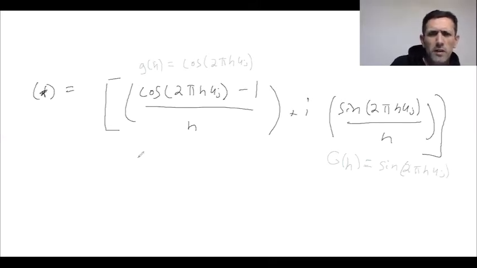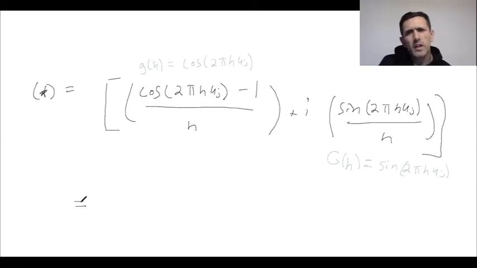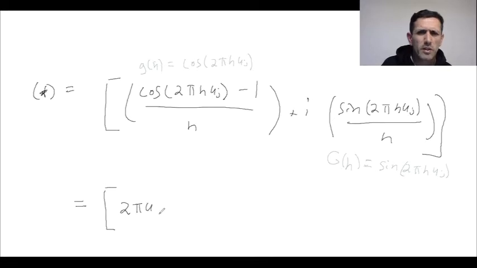Okay, so by the mean value theorem, this is going to be h minus 0 over h, so the h's cancel out, times the derivative, which is 2 pi uj. uj is a constant.